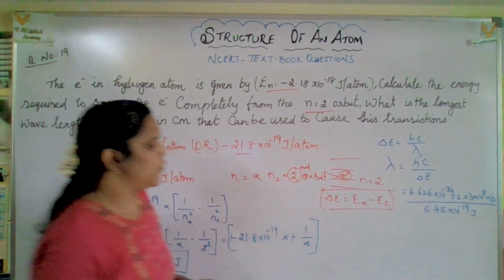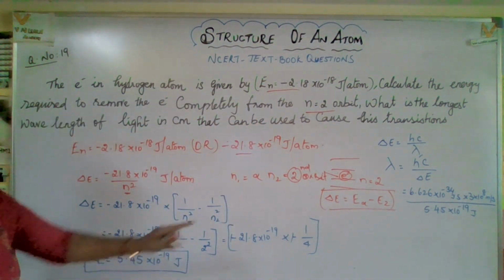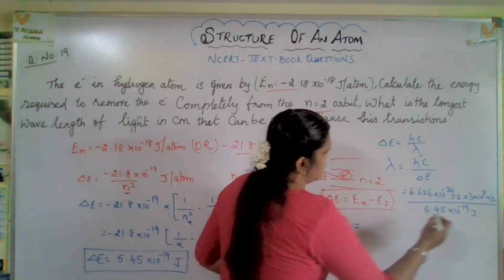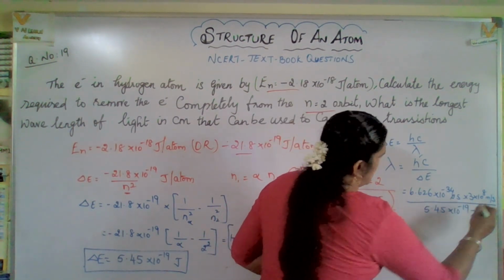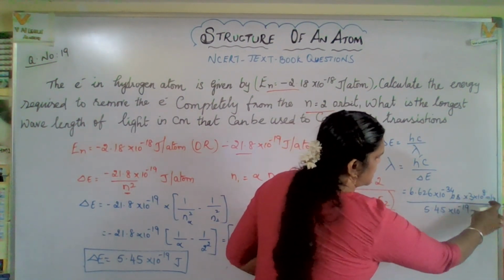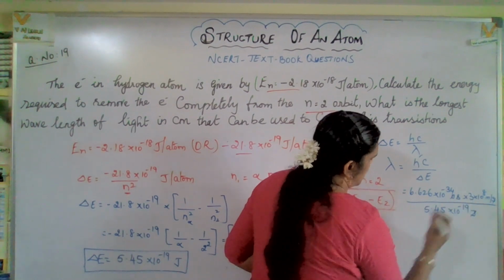Now let us find that value. This joule and this joule cancel, and this second and this per second cancel. So only meter will be available.